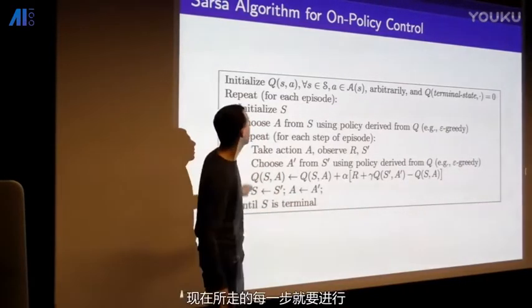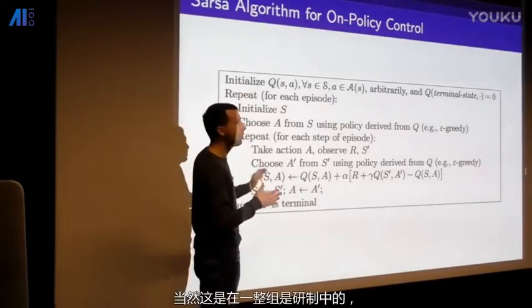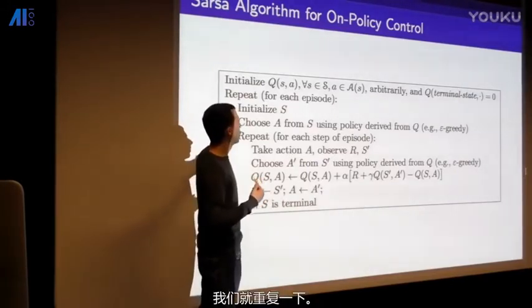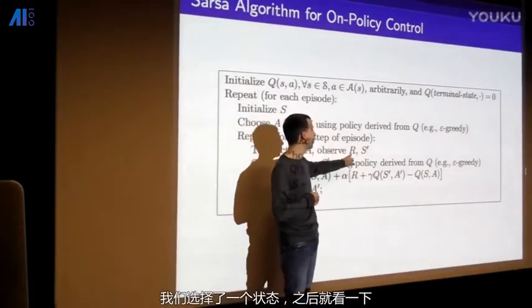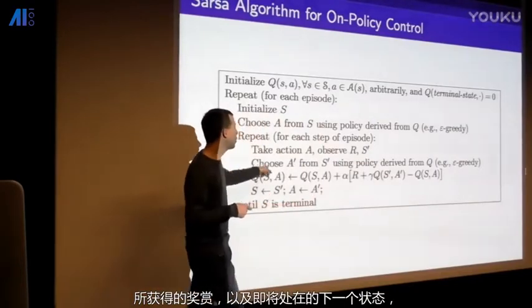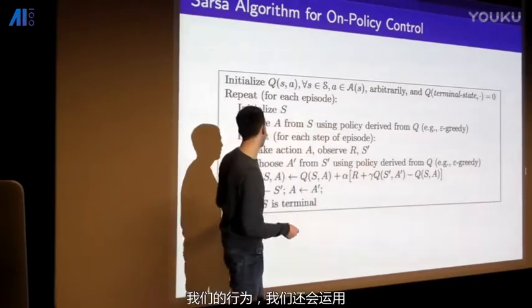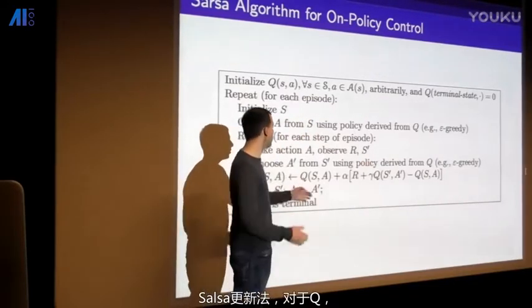Okay? And now we're just going to repeat. This outer loop is just over episodes, but really, the inner loop is every single step. We're going to take an action, observe the reward, observe the next state that we end up in. We're going to choose our action using our epsilon greedy policy. And we're just going to apply this SARSA update to that one step.